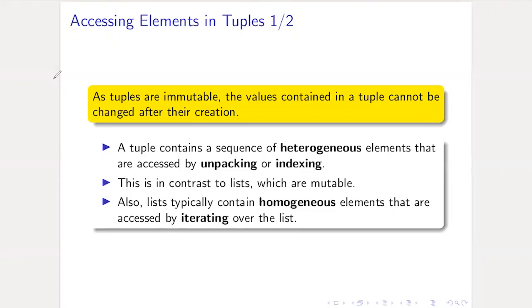In contrast, normally a tuple is a heterogeneous collection of items. There are 2 ways of accessing these elements. One is called unpacking, other one is called indexing. I have noted here for your reference how the tuple differs from its behavior with respect to lists.